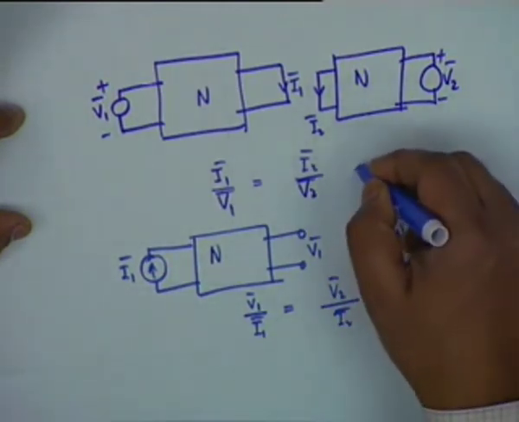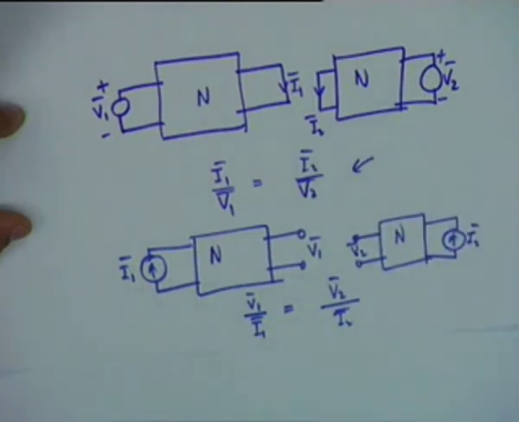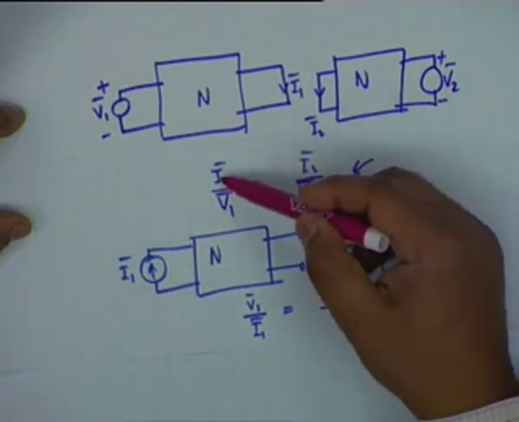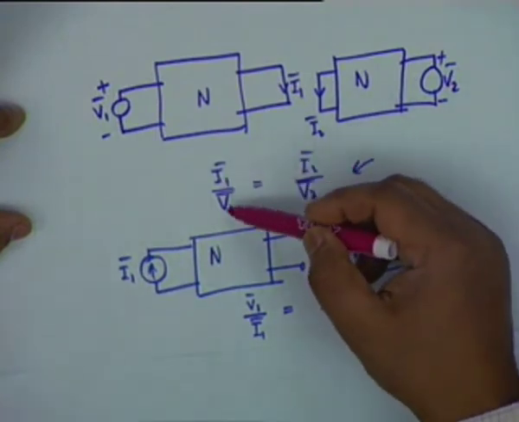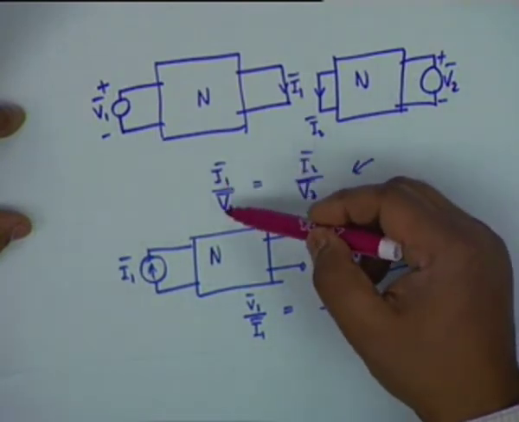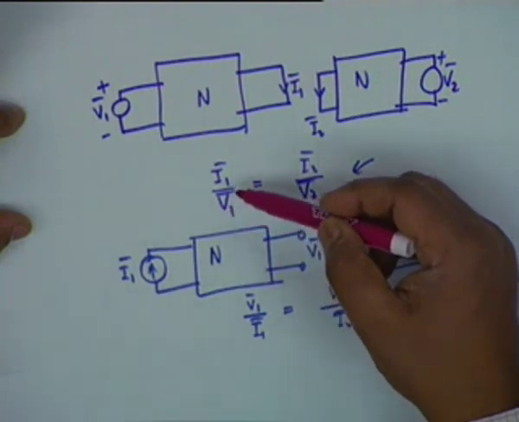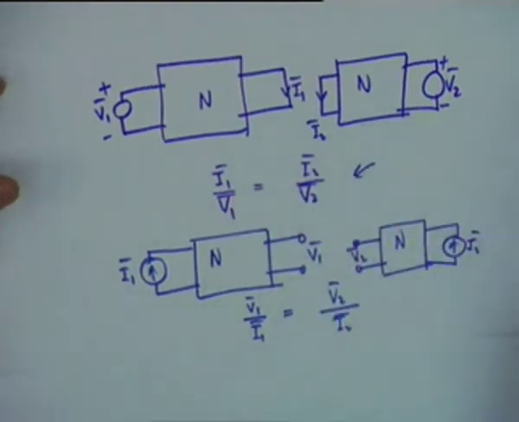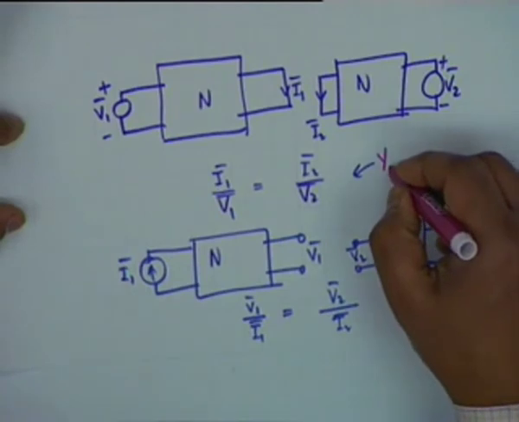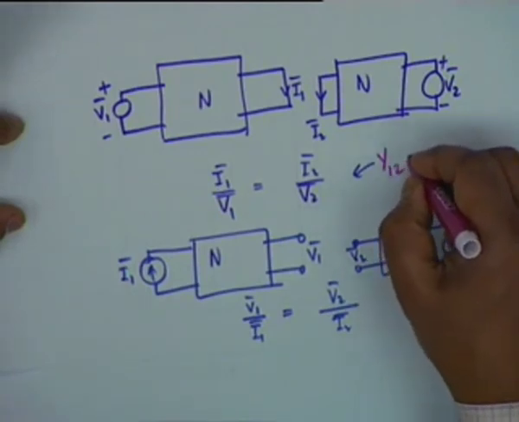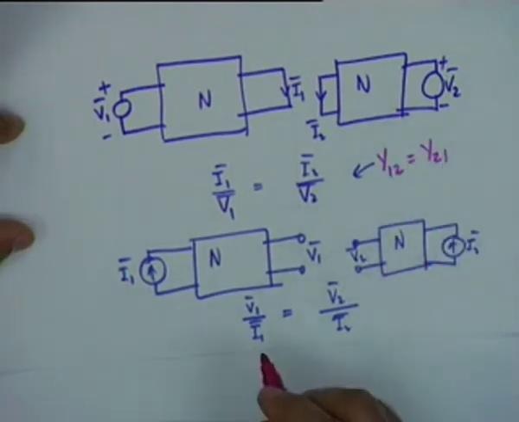If I characterize this in terms of transfer admittances, the response is a current, the excitation is a voltage, current to voltage is admittance, and current and voltage are at different ports, and therefore we say Y12 is equal to Y21.